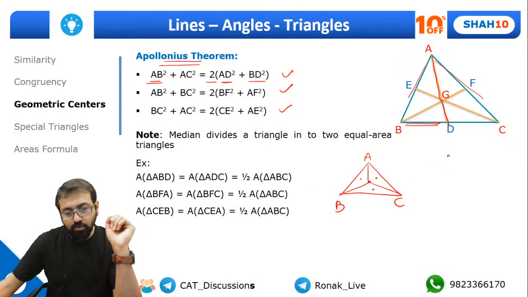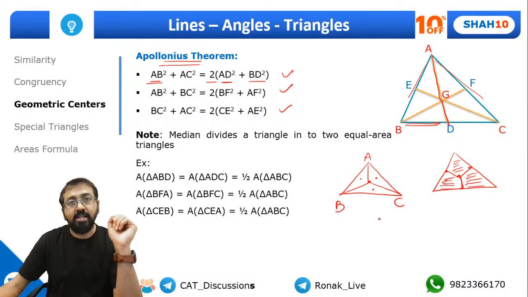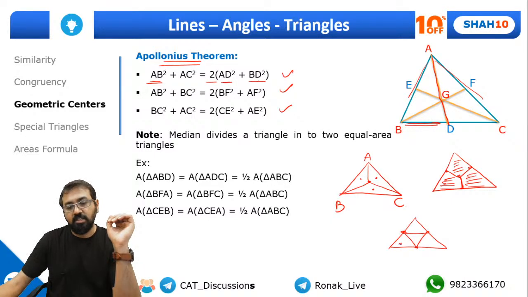Second, if I take a triangle and the centroid, and connect the centroid with the midpoints of the sides, again the triangle will get divided into 3 equal areas, right? And third point, if I take a triangle and just join the 3 midpoints, the triangle will get divided into 4 equal areas.